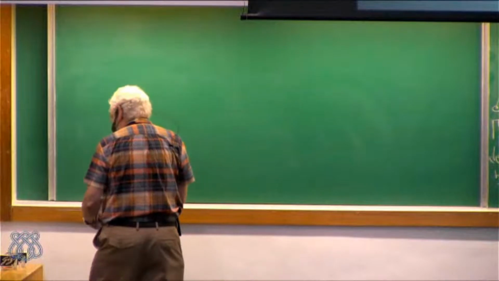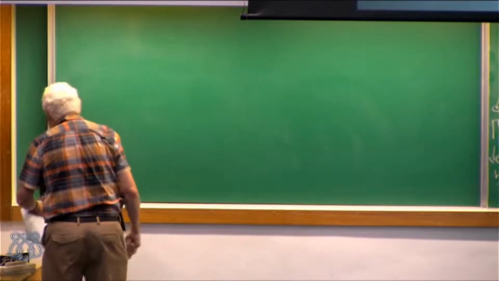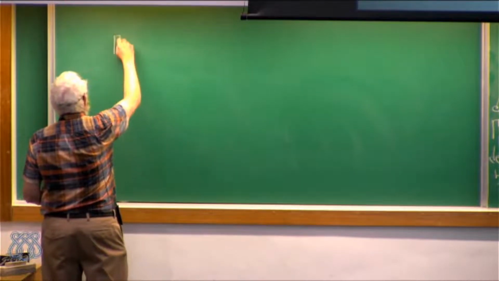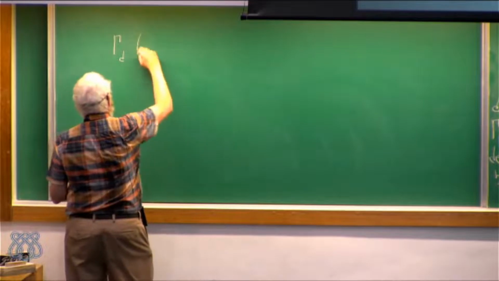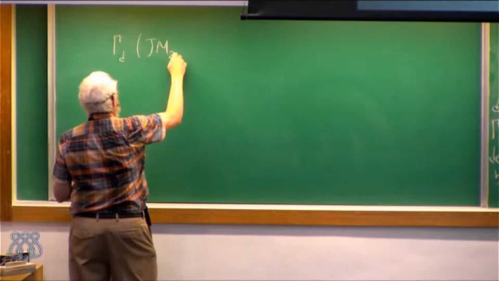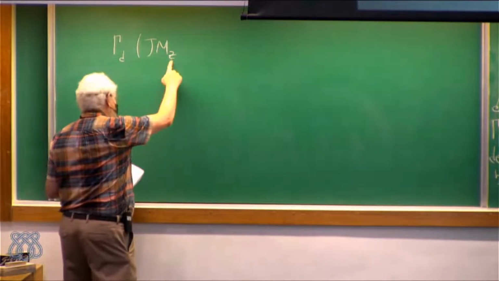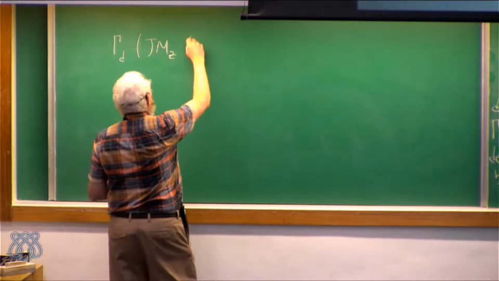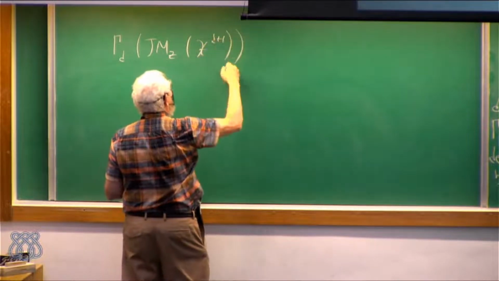So here we go. Let's look at gamma d of the part of the Jacobian module generated by the partials with respect to z applied to X_{d+1}. This is going to be a stabilization family.